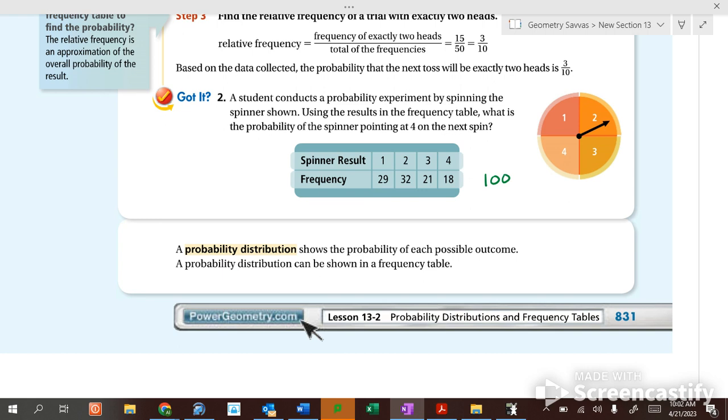So he spun it 100 times. What's the probability of getting a 4 on the next spin going by his experimental probability? 18 out of 100, or 9 out of 50.